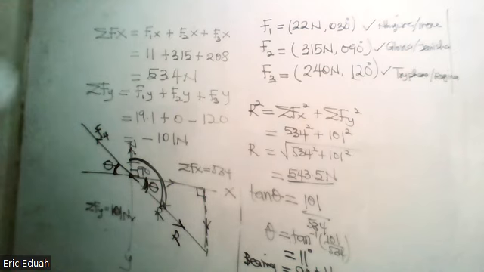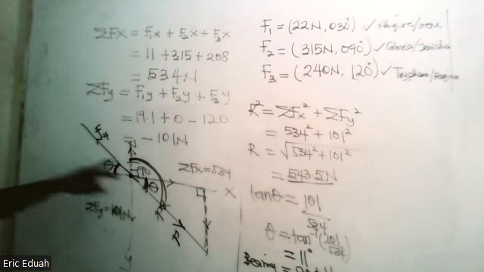Adita, what's the reason? If this is theta, this side will also be theta. Why? Trifina, why?